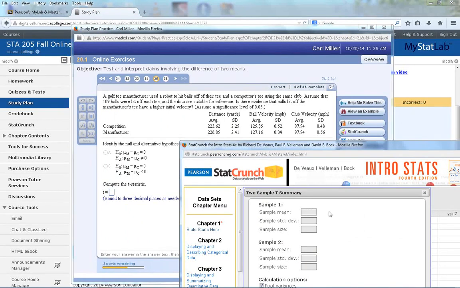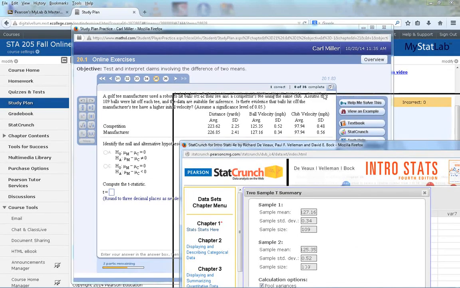So the manufacturer's initial ball velocity average is 127.16. The standard deviation is 0.34. And they said assume 109 balls for each. Okay, so for the competitor, you have 125.35, a standard deviation of 0.52, and a sample size of 109.